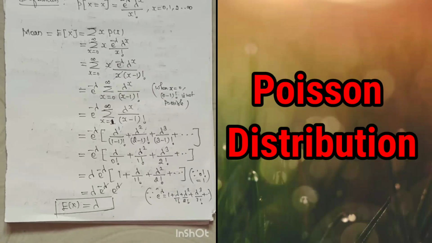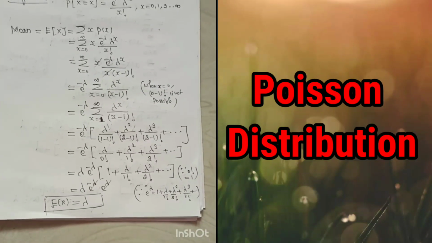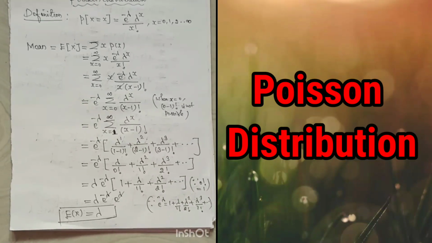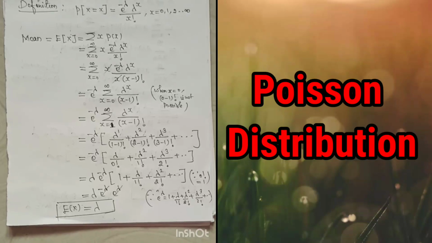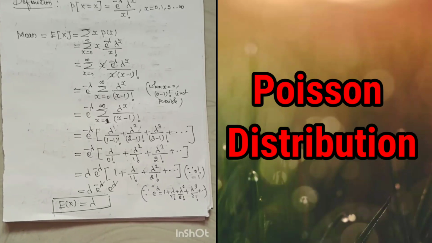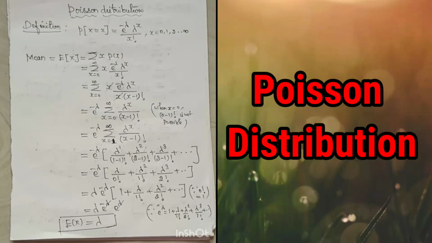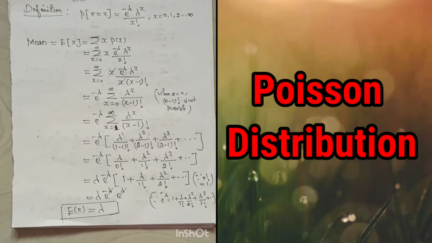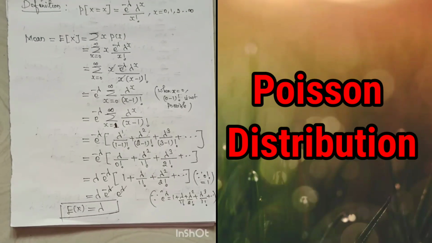0 factorial value is 1. So you know the formula: e power x is equal to 1 plus x by 1 factorial plus x square by 2 factorial plus x cube by 3 factorial. So 1 plus lambda by 1 factorial plus lambda square by 2 factorial plus lambda cube by 3 factorial can be written as e power lambda.